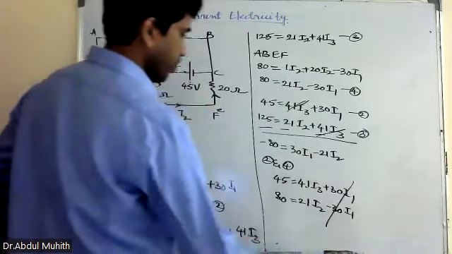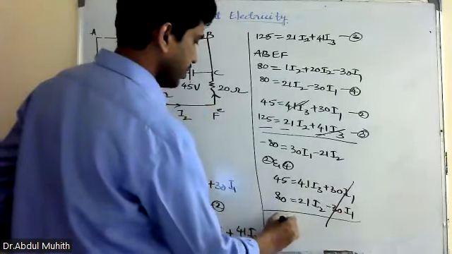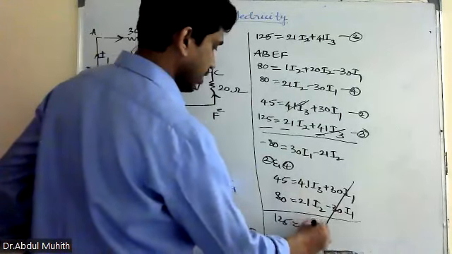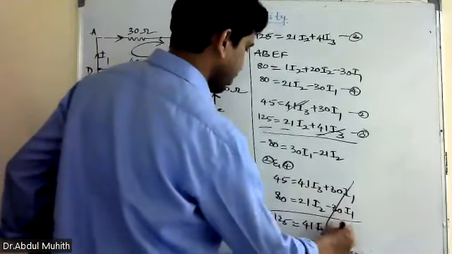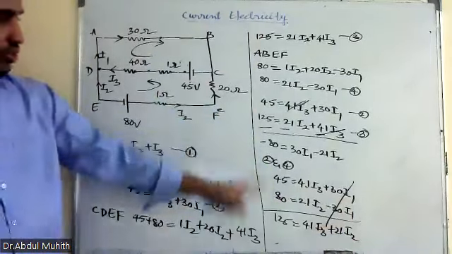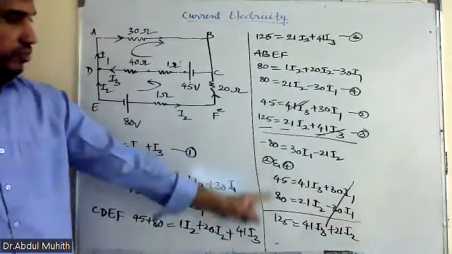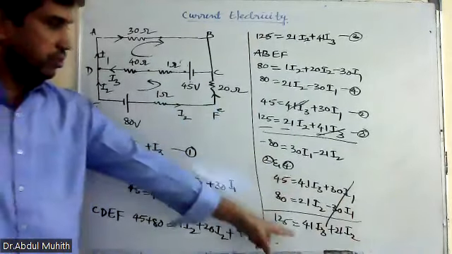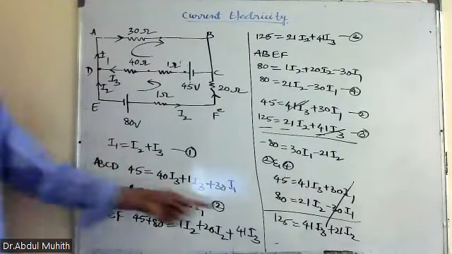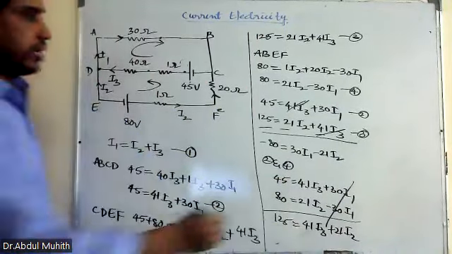So this and this will go away. You are left with 125 is equal to how much? 41 I3 plus 21 I2. If it is already minus, don't do it again. Now you have these two equations. You can write now I3 in terms of I1 minus I2. Then what will you get now?